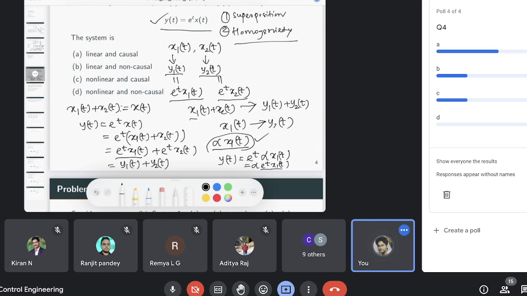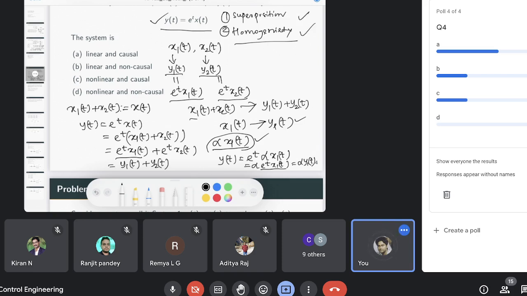And e to the power t x1(t) you have assumed to be y1(t), so it is just alpha times y1(t). Again you see that the homogeneity property is also satisfied. So the system will be linear, right? Because both properties, superposition and homogeneity, are satisfied.